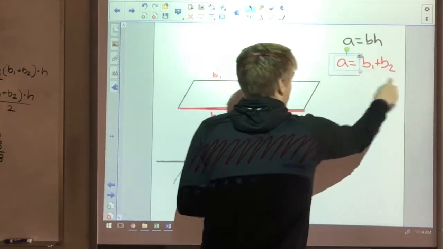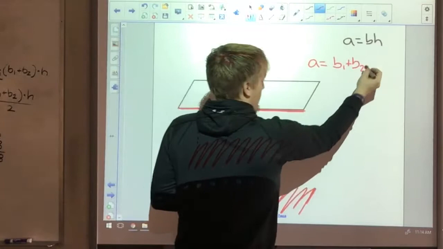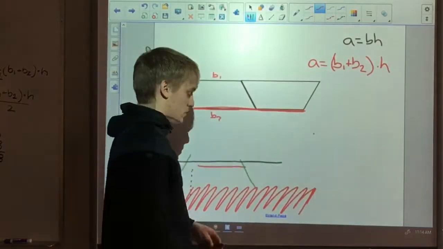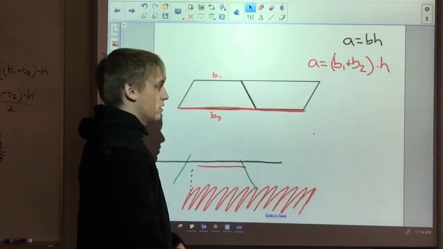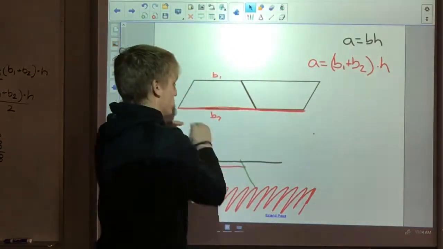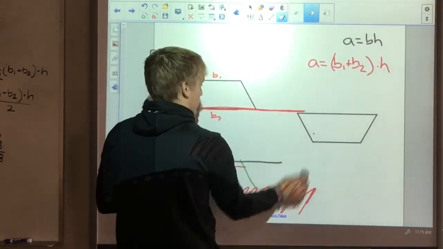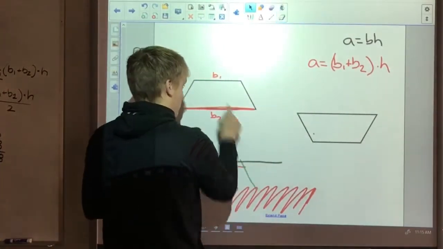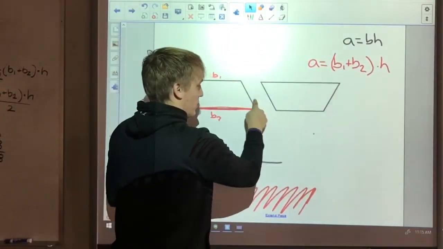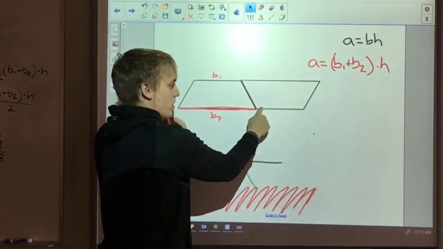Okay, and then we take that times the height. So this is just taking base times height. So instead of doing the whole base, on a trapezoid, you're taking base 1 plus base 2 and multiplying it by the height. But that will give us the whole parallelogram.